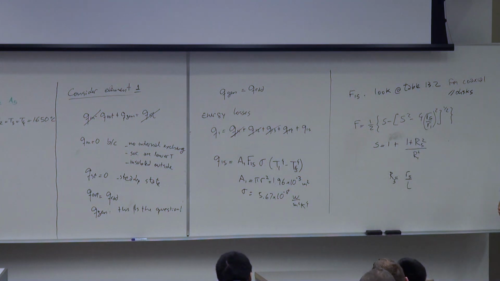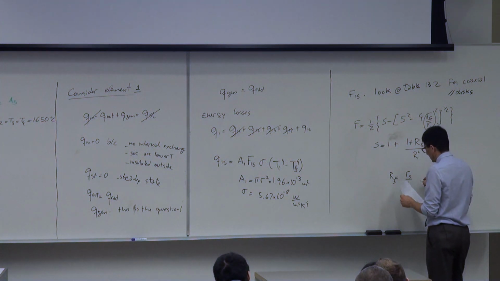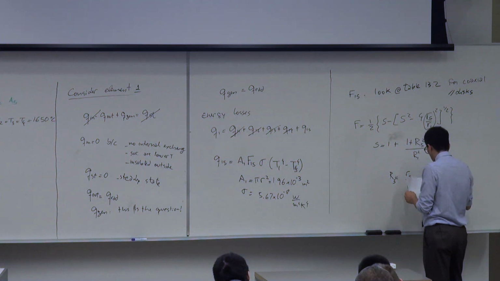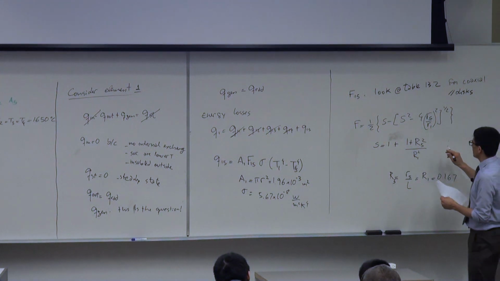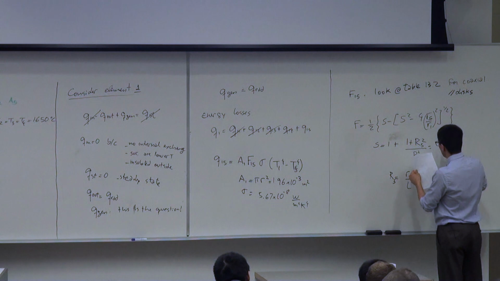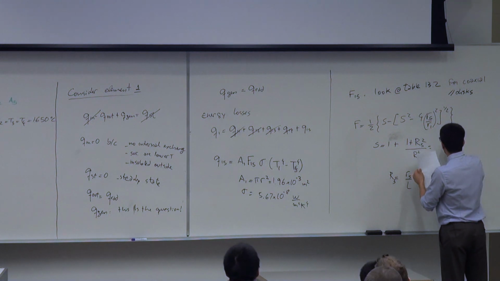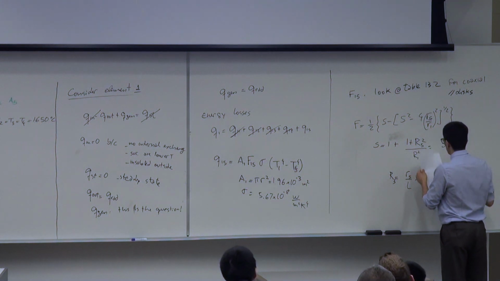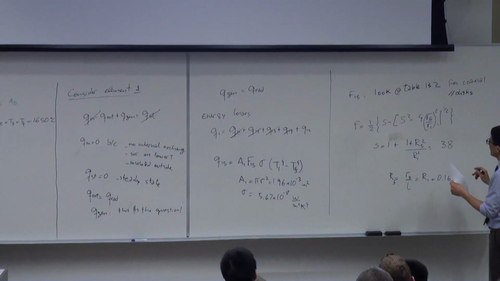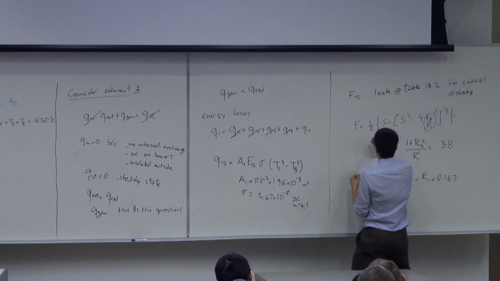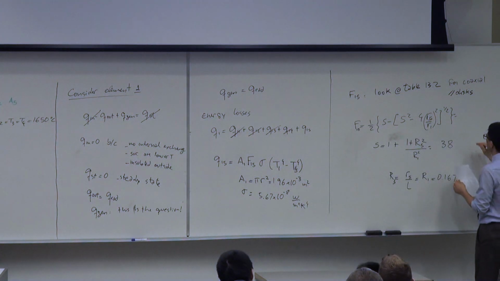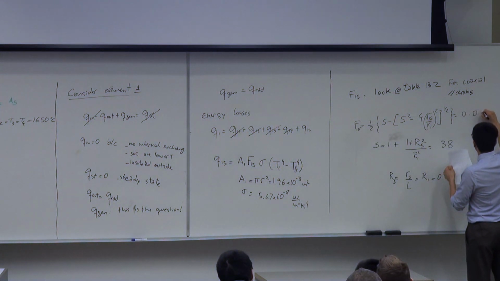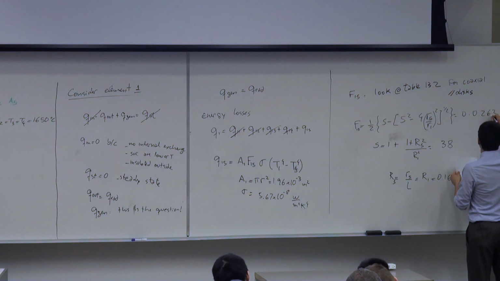And R1 is the same, right? The radius is the same because it's a cylinder. And this equals R1 over L is 0.167. And then I can calculate S, and S is 38. And now I can go to F, and sorry, I should put F15 here. And F15 here is 0.0263.